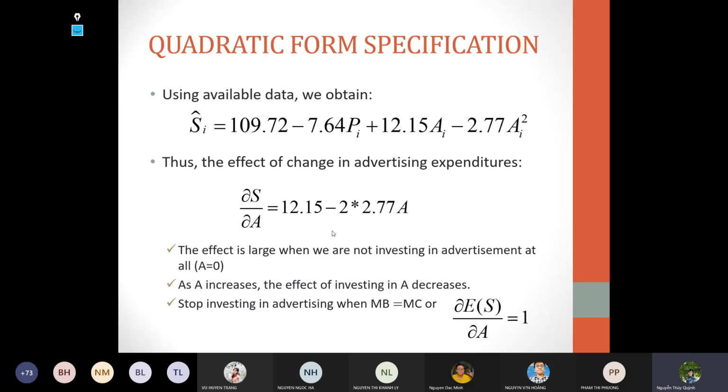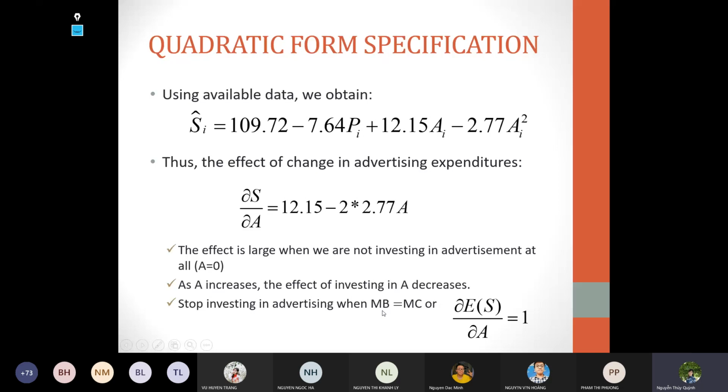We should stop investing in advertising expenditures when the marginal benefit of advertising is equal to the marginal cost of advertising.